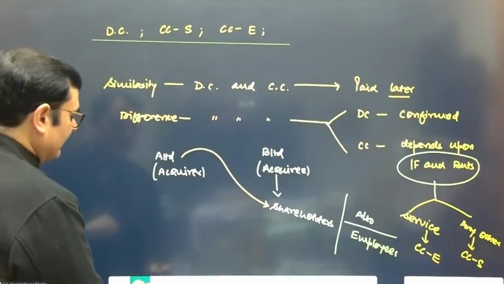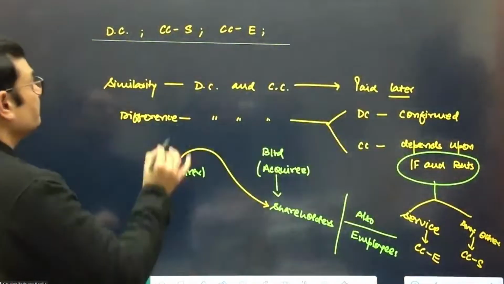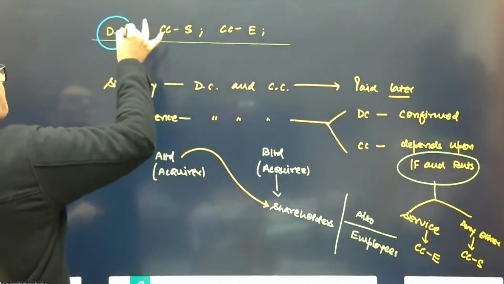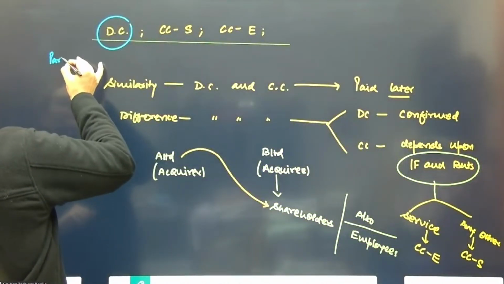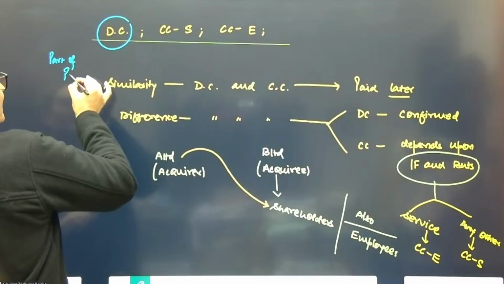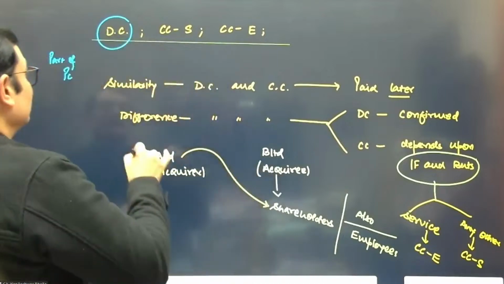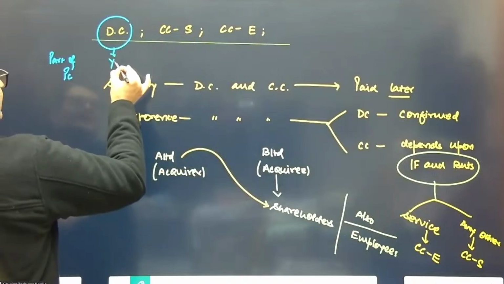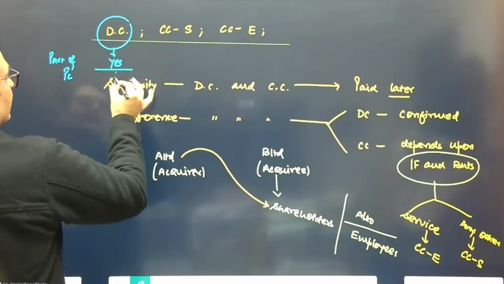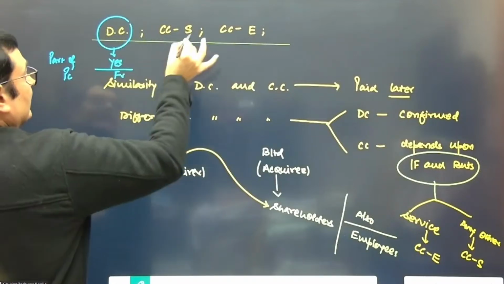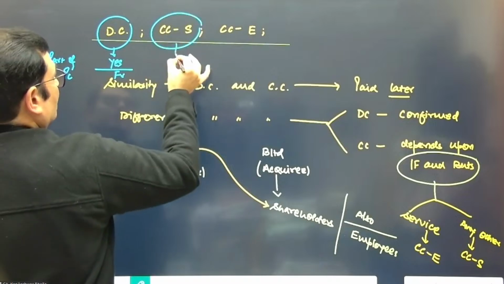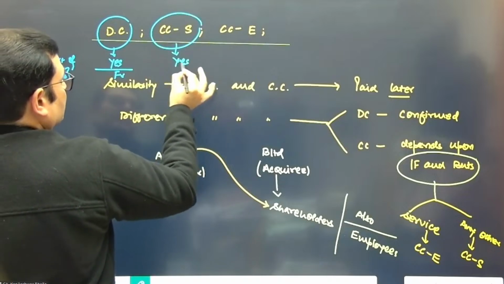So in this particular case, moral of the story further, is the DC a part of PC? Sounds musical now. Is the DC a part of the PC? The answer is yes. And this will be taken at a fair value. Is the CC in the shareholder's capacity a part of the PC?